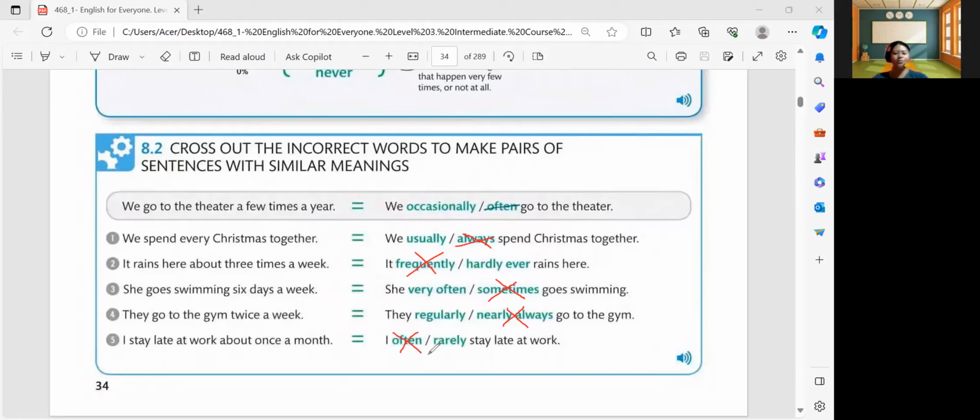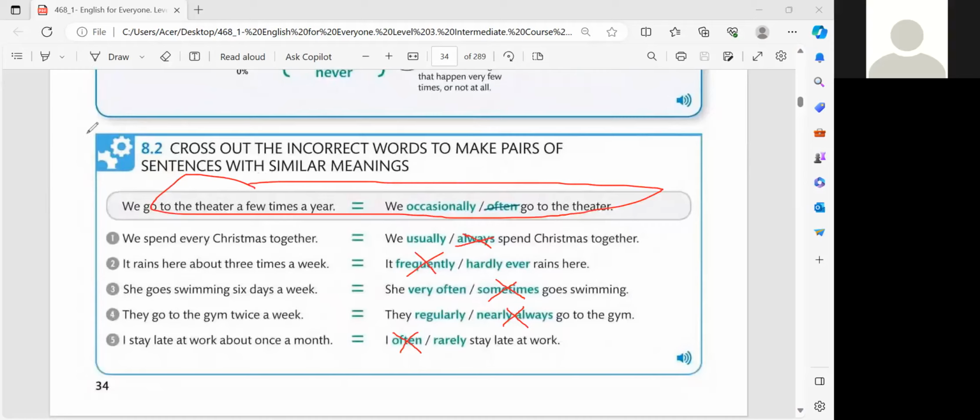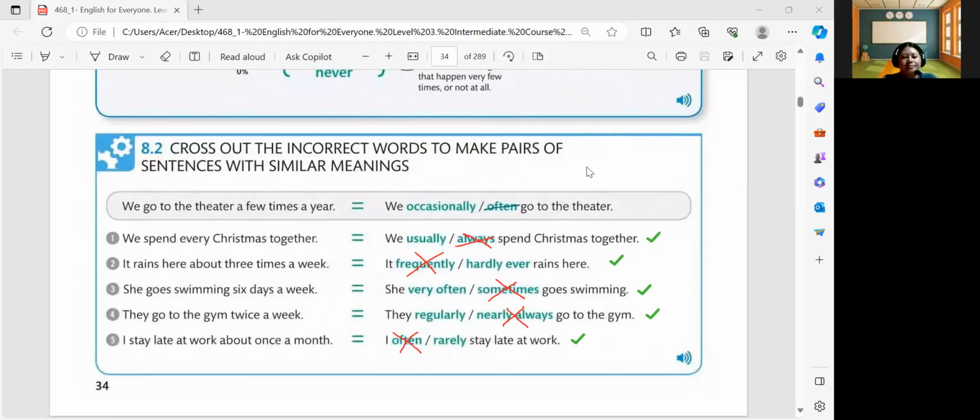Good job. So please read number 1 from the top. We go to the theater a few times a year. We occasionally go to the theater. We spend every Christmas together. We usually spend Christmas together.